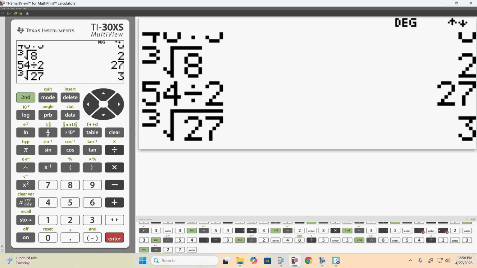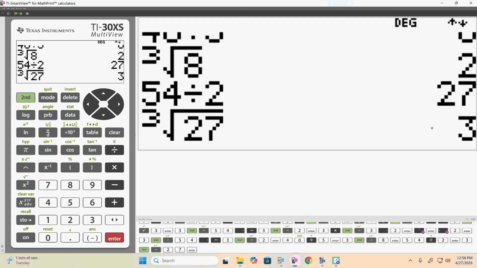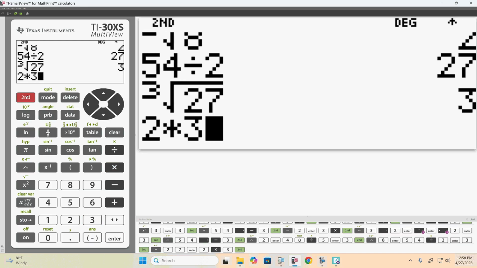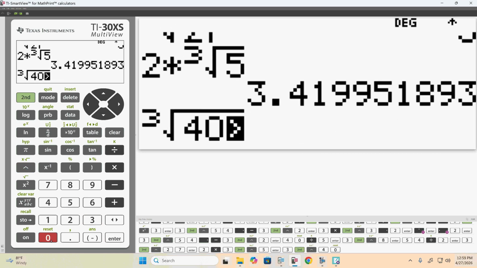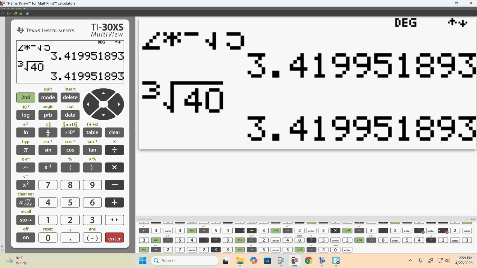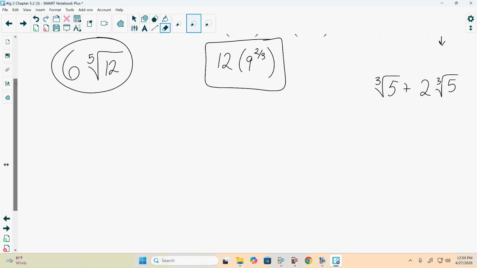Well, the cubed root of 27 is 3. For us here, that means that 2 times cubed root of 5 should be equivalent to the cubed root of 40. Cube root of 5 plus 2 cubed roots of 5 would be 3 cubed roots of 5.